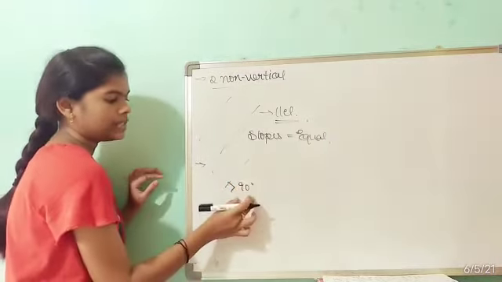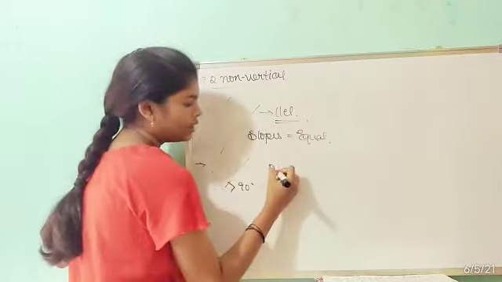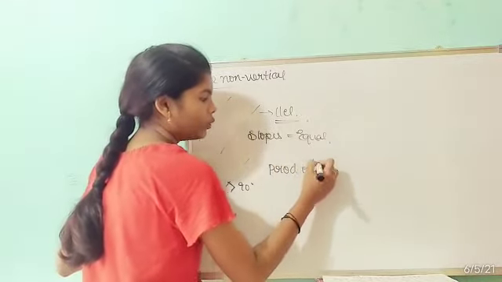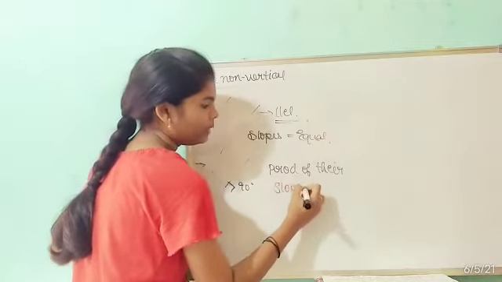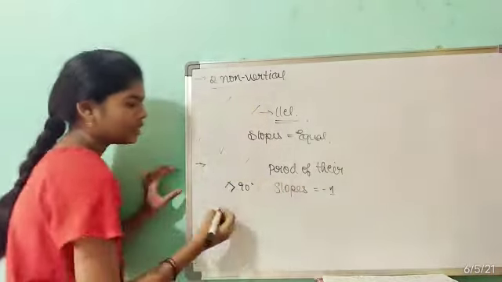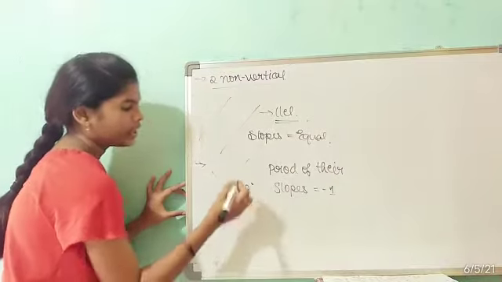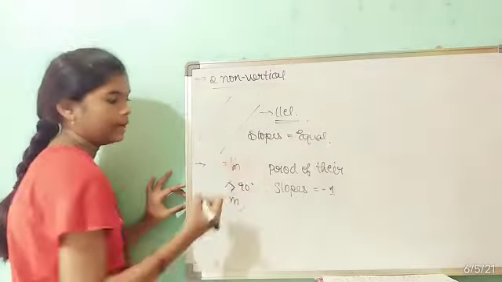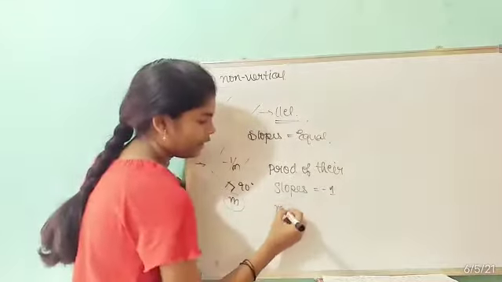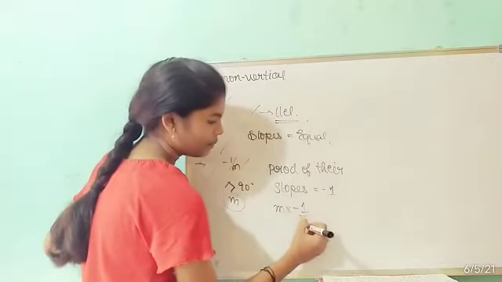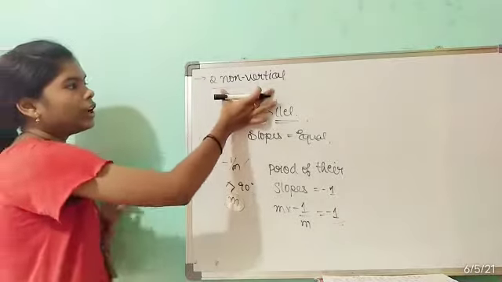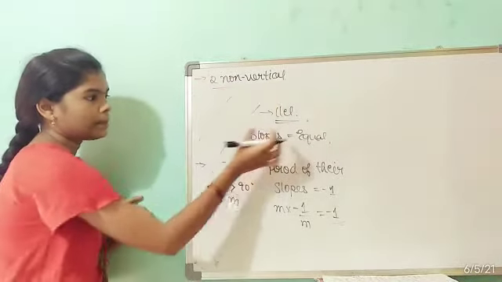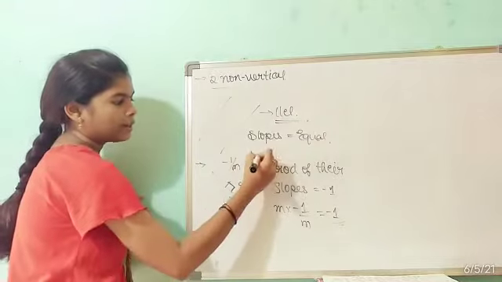Then the product of their slopes will be equal to minus 1. If one slope is m, then the other will be minus 1 by m. Then m into minus 1 by m, their product, will be minus 1. This is the condition for two non-vertical lines that are parallel or perpendicular.